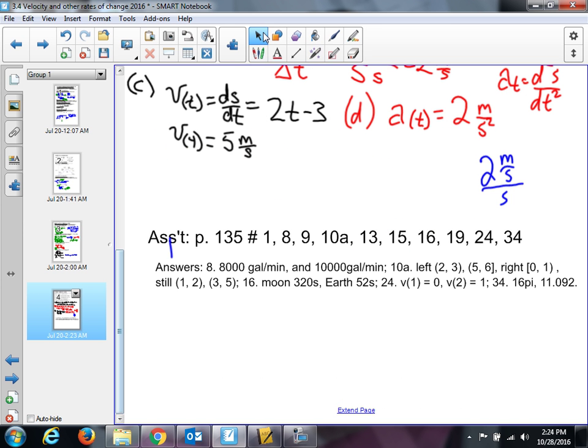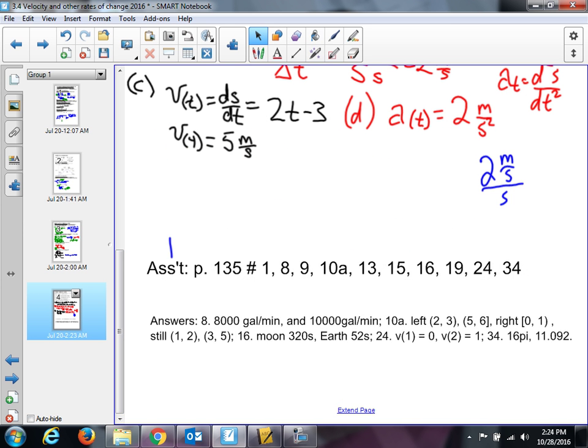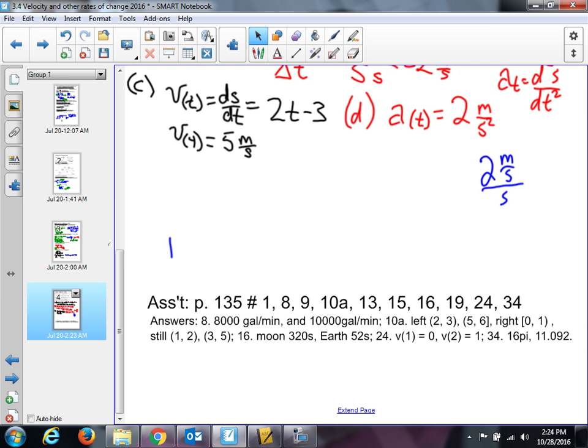I'm just going to get some more space here. B, C, D, E. I'll change colors here. It asks, when does the particle change direction? First of all, we have to find when V equals 0, because that's the only time it could change direction.